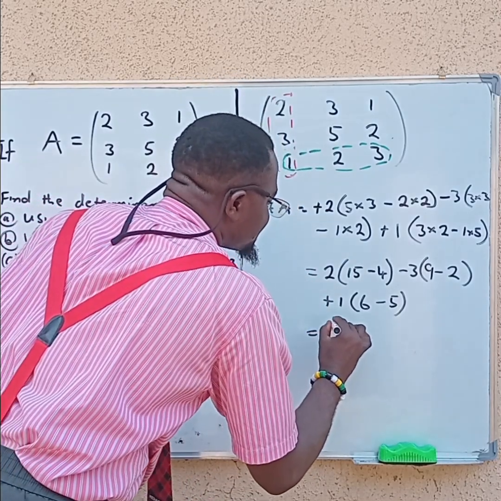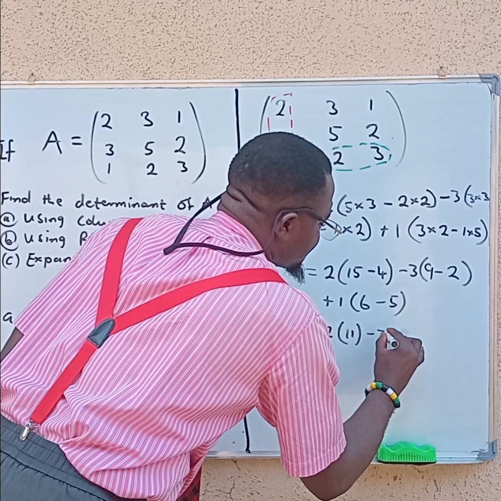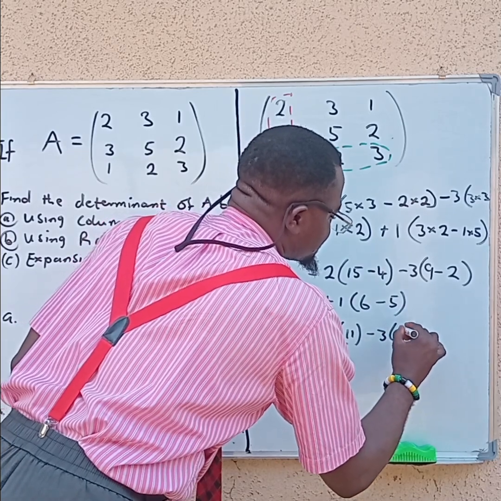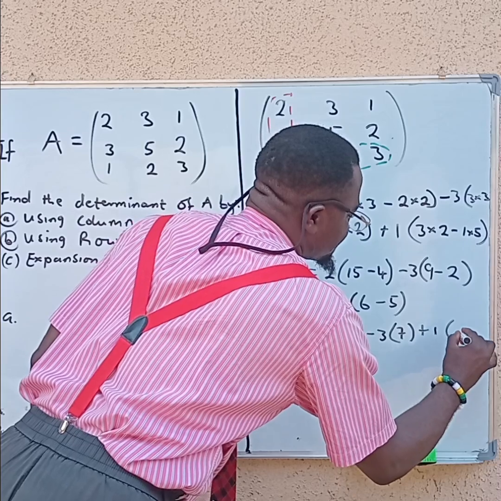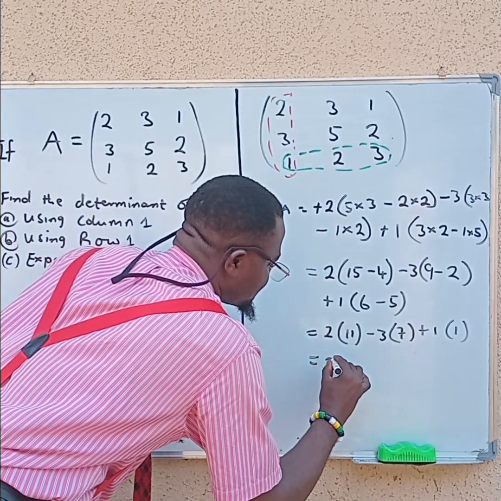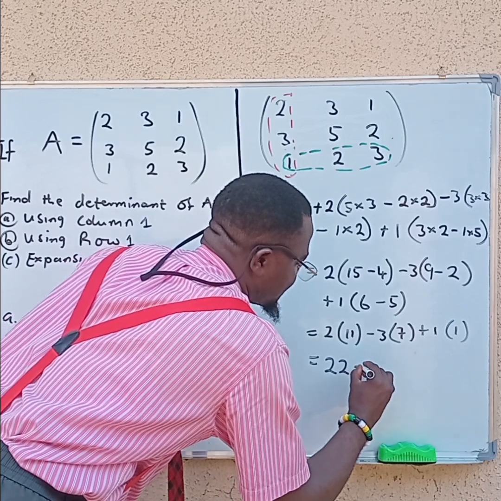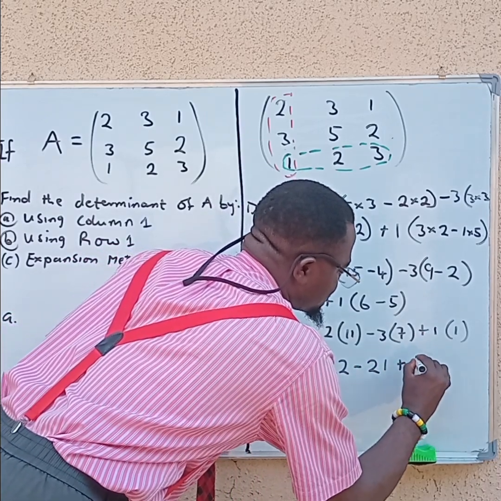So this will now give me 2 times 15 minus 4 is 11, minus 3 times 9 minus 2 is 7, plus 1 times 6 minus 5 is 1. So 2 times 11 is 22, minus 3 times 7 is 21, plus 1 times 1 is 1.